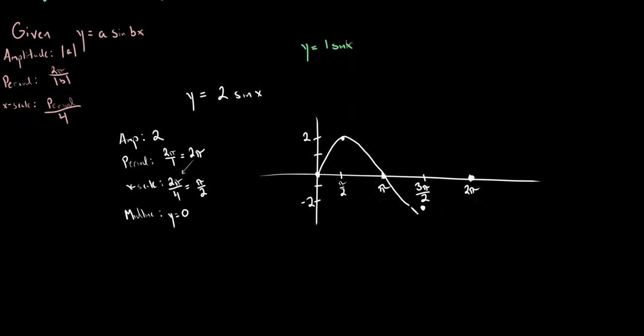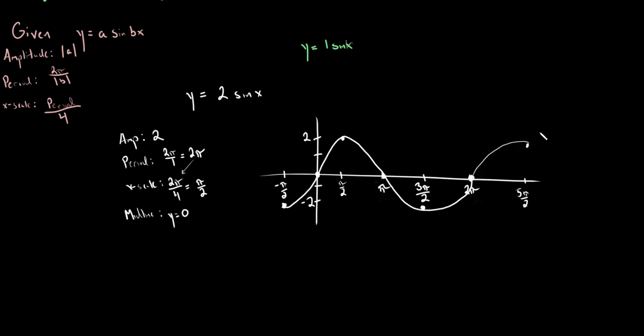Okay, and then I can connect this. Make sure you connect it with a nice smooth curve. You don't want it to be all jagged. Okay, and that would be this particular graph. And we can continue if we wanted to. I can go to the left, negative pi over 2 if I wanted to, and I could just continue the pattern that way.